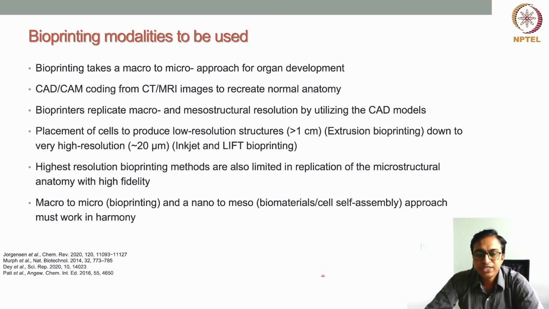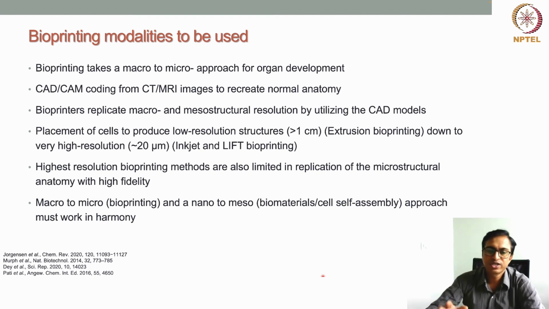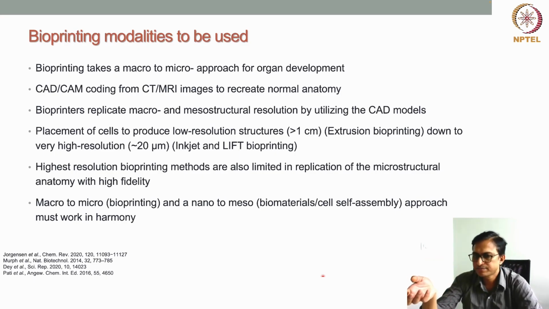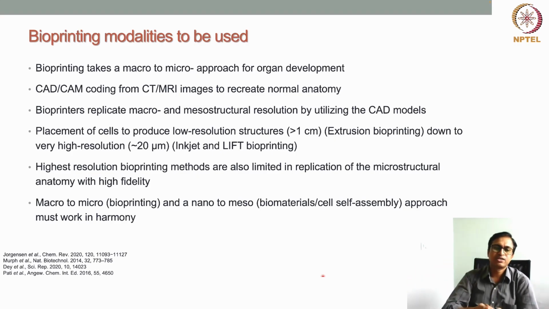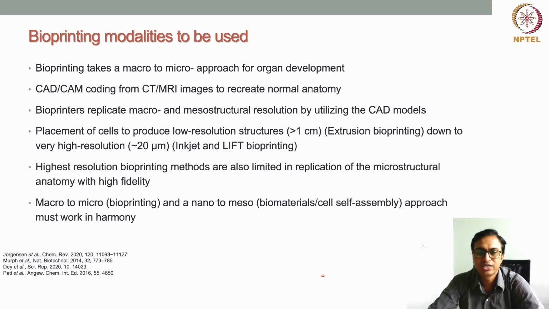So for bioprinting, this is very important: we take a macro to micro approach. For biomaterials and self assembly, a nano to meso approach can be used, but both these things must work in harmony. When we are working with bioprinting, using certain biomaterials or different cell types, those approaches should work in harmony, so that finally a macro level tissue can be bioprinted with microstructures having nanostructural details.